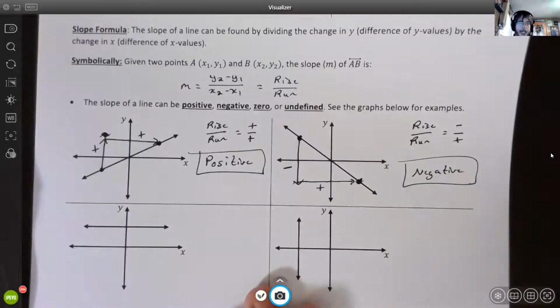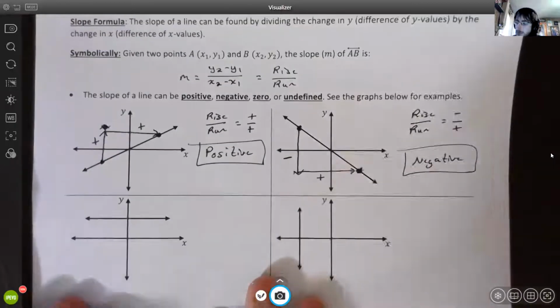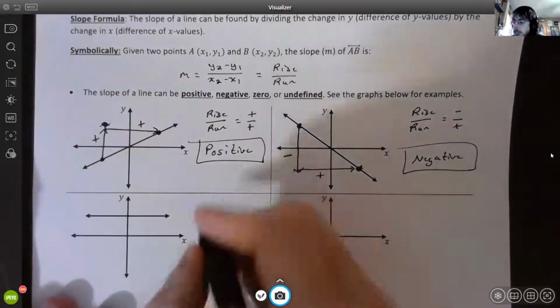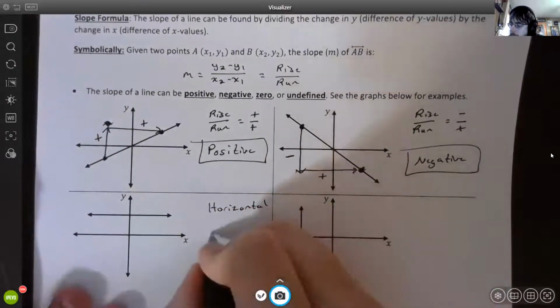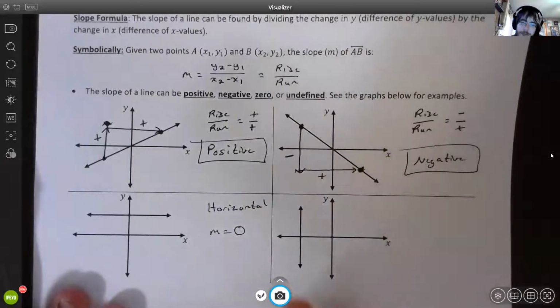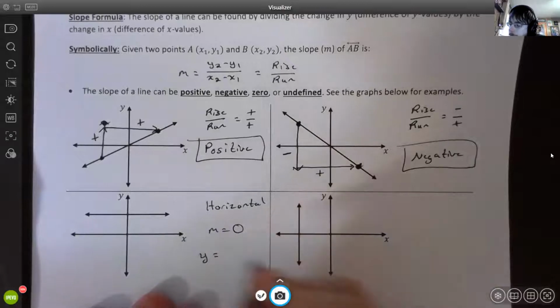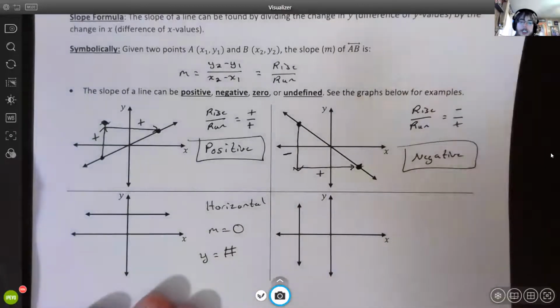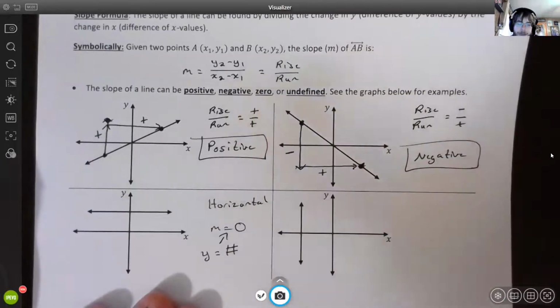The two special cases are the 0 and undefined slope. If you have a horizontal line like this, that has a slope of 0. Anytime you have y equals just a number, that gives you that slope.